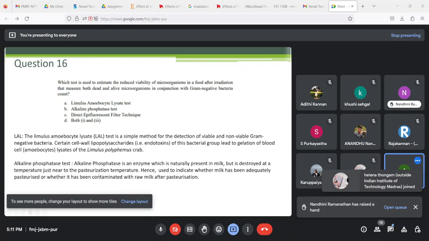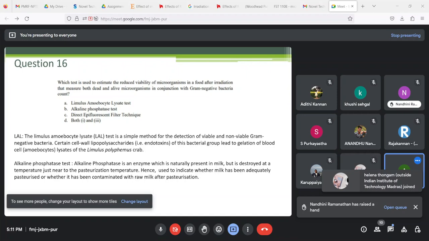Whereas if your milk is not properly pasteurized, or if it has been mixed with other raw milk, it will have some amount of alkaline phosphatase present, and that will give a certain result. So the alkaline phosphatase test will tell you if the pasteurization is successful or not. If your pasteurization is successful, your enzyme activity will not be there. If your pasteurization is unsuccessful, you will have alkaline phosphatase activity.